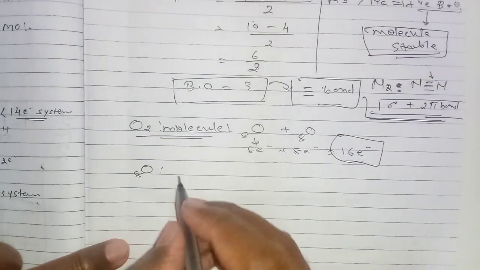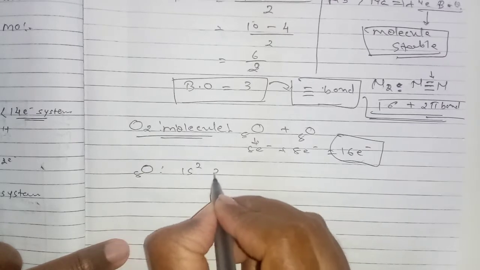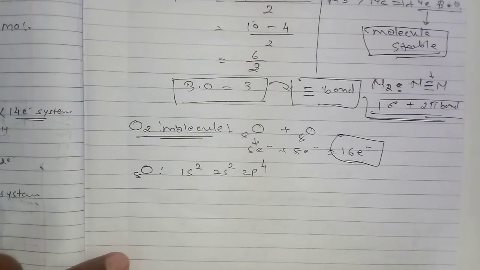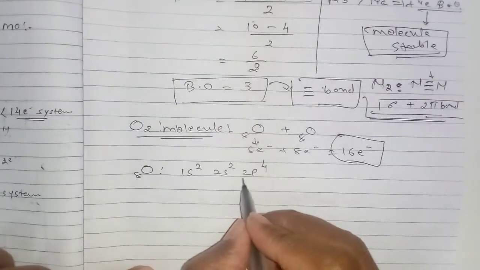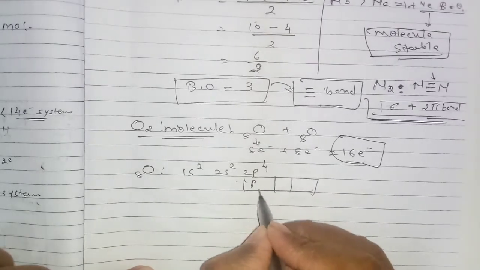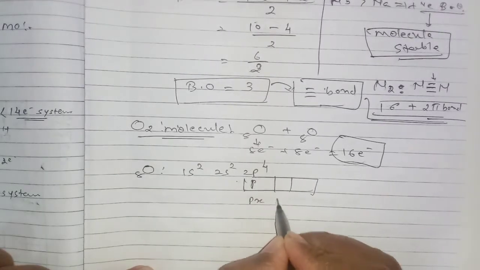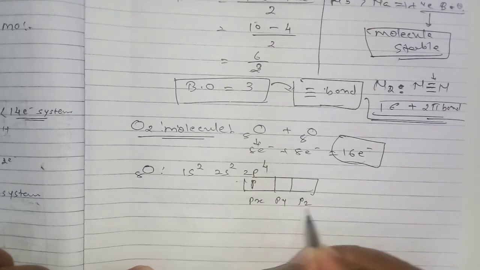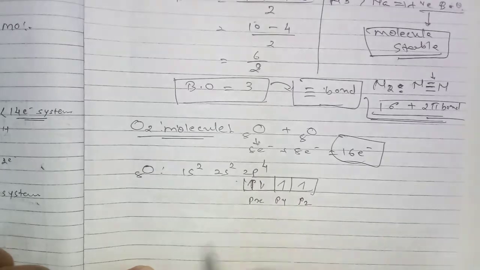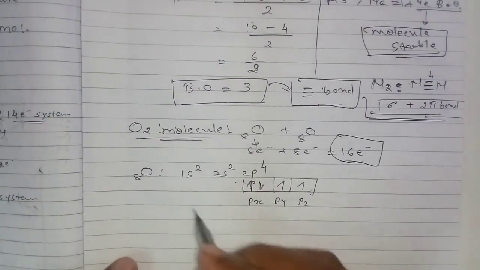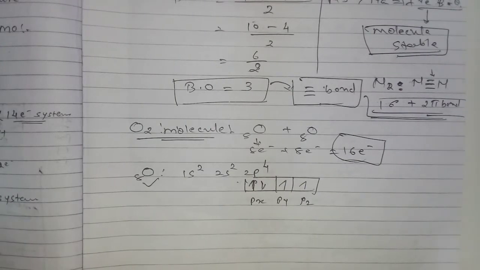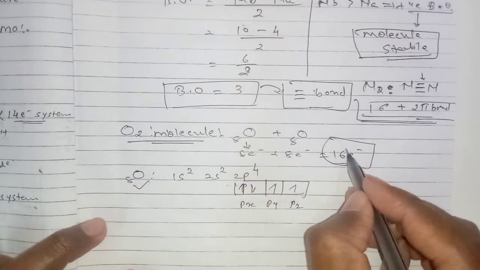The electronic configuration of oxygen is 1s2, 2s2 and 2p4, with px, py and pz orbitals holding 4 electrons. This is the electronic configuration of the oxygen atom. Now we have 16 electrons.